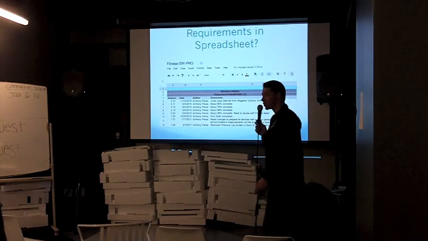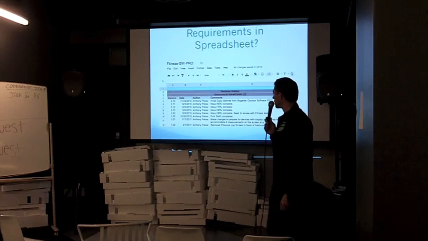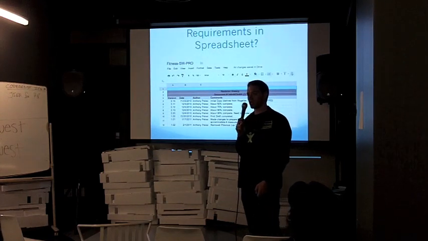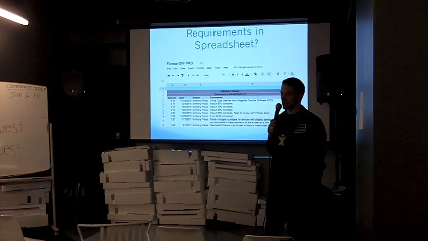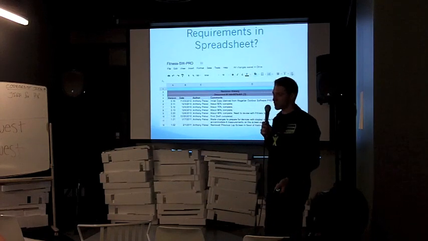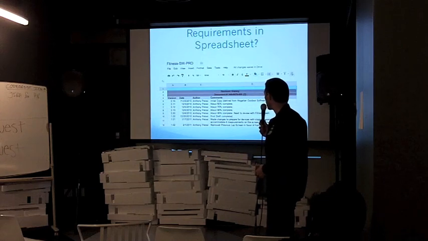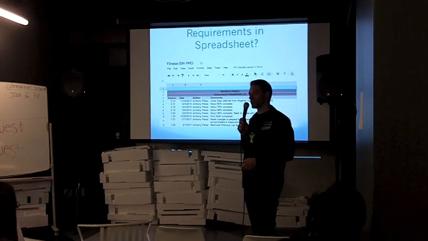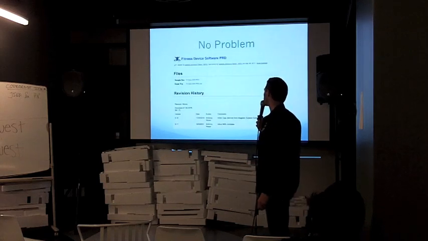All right, this is where it gets ugly, spreadsheets. So, my development team, one requirement that they gave me is that I had to put my requirements in a spreadsheet. So, at least I used Google Docs for the spreadsheet so that we had a little bit of a collaborative environment. But then I wanted to bring that into Confluence so that we didn't have to bounce back and forth between two different tools.